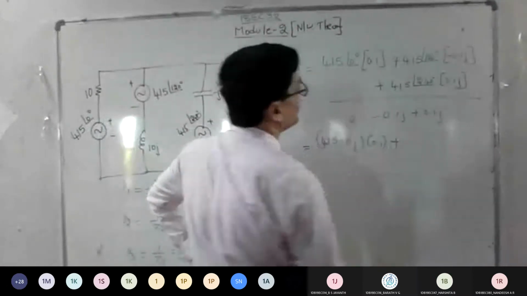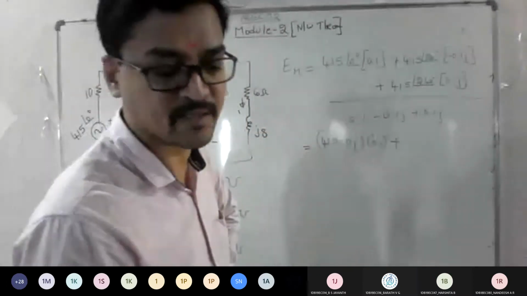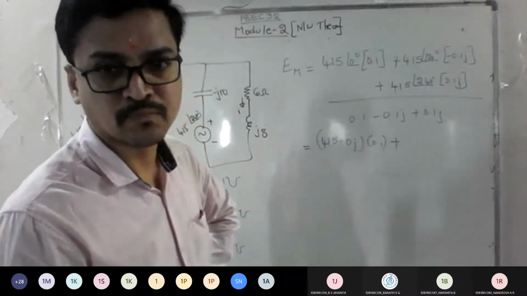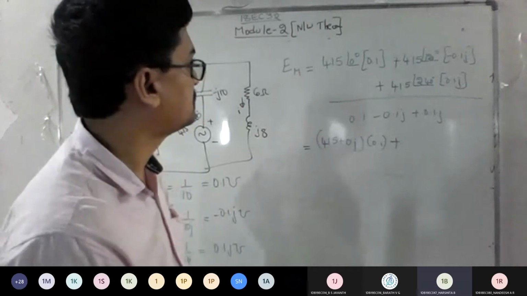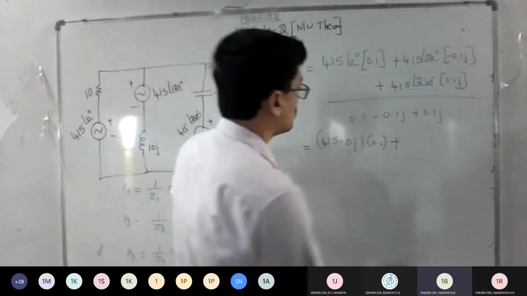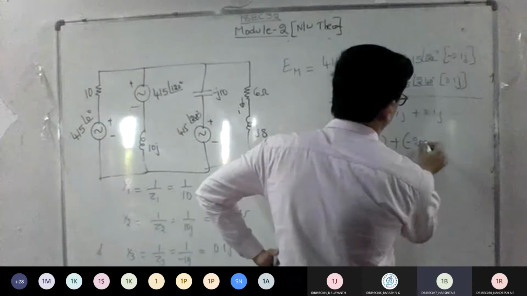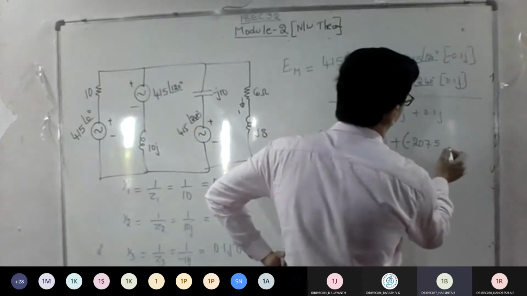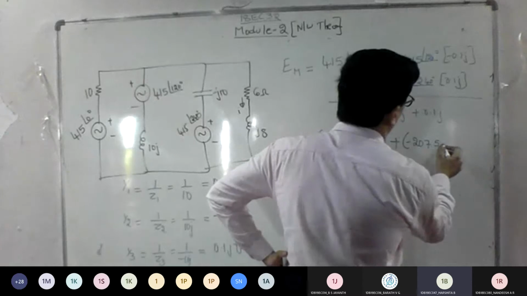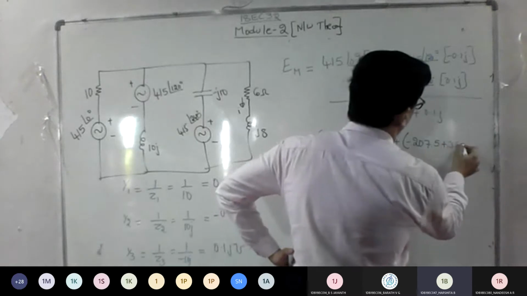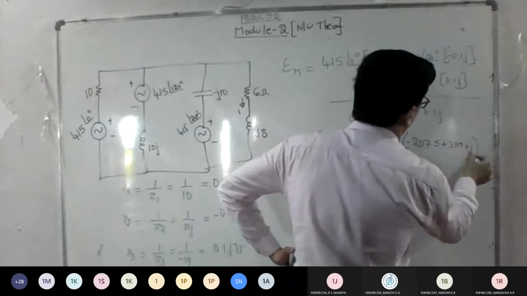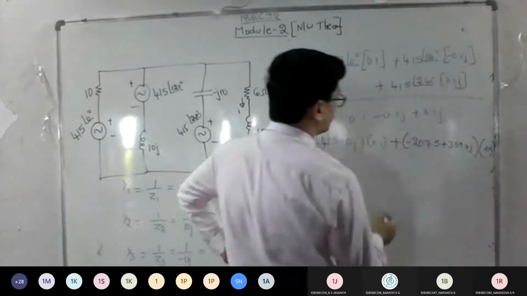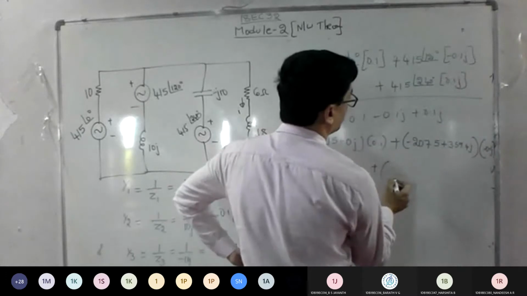Then what about the next, 415 at an angle 120 degrees, in rectangular form? Check on the calculator: minus 207.5 plus 359.40j. This has to be multiplied with minus 0.1j.